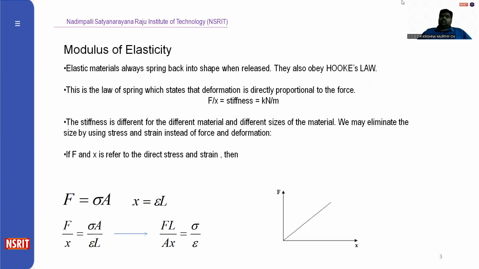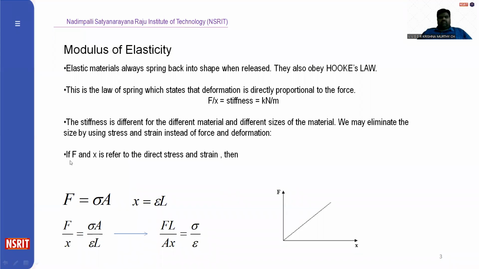Hooke's law states that within the elastic limit, the stress is directly proportional to strain. When we consider a spring, the force per unit deformation is nothing but stiffness, and the deformation is directly proportional to the applied force. The stiffness differs from material to material and with the size of the material.